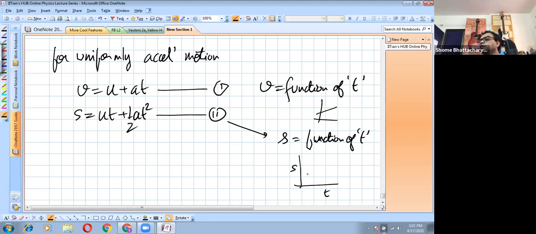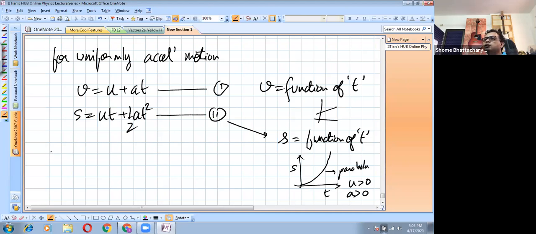For example, if you talk about initial velocity positive and acceleration positive, you'll see it like this. This is a parabolic curve with u positive and a also positive. If a is negative, then it will be a different type of parabola. We are coming to all this in the next lecture, so don't worry about this.